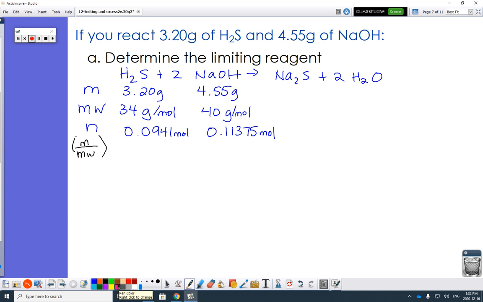If the coefficients were the same, then you could say, okay, H2S is the limiting reagent. It's got the smaller amount. It's going to be used up first, but they are not the same. So then we have to divide by the coefficient to see how much is being used every single time you do a reaction.